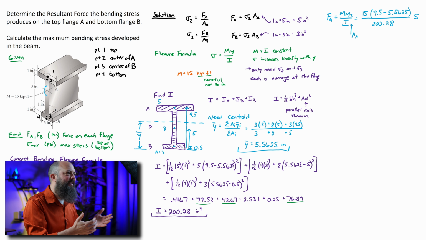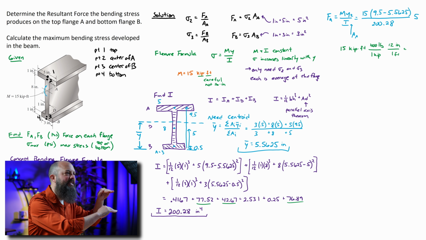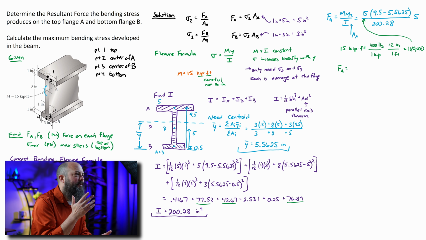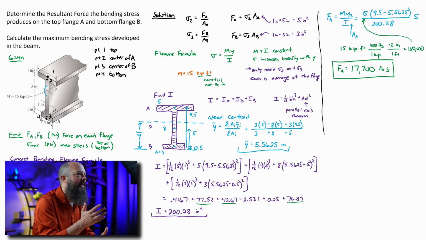So my y is going to be from the center of the top flange to the centroid. So 9.5 minus the 5.6. And we divide by the 200 for I, do some unit conversions here and some calculator work. We get to 17,700 pounds, 17.7 kips if you would prefer that.